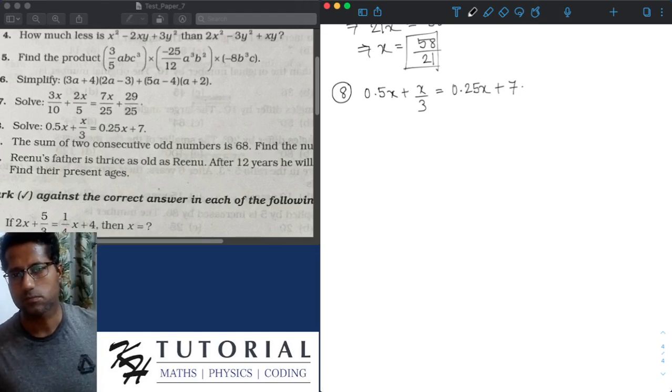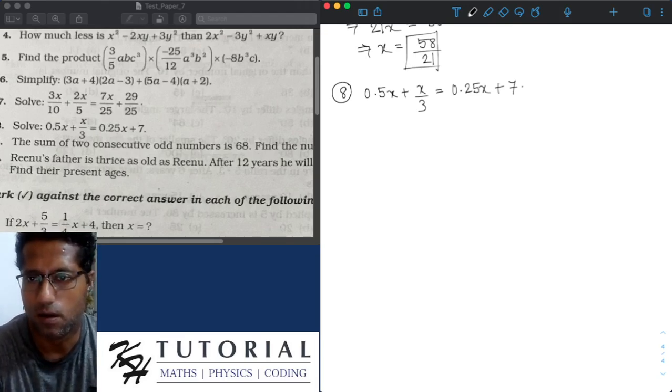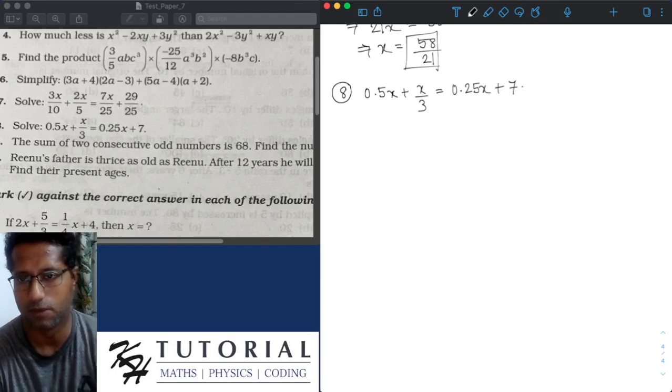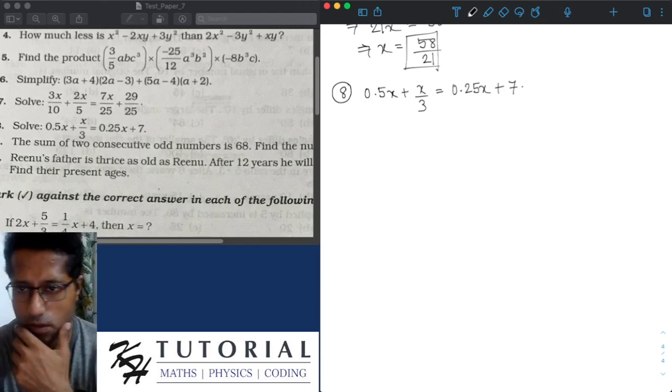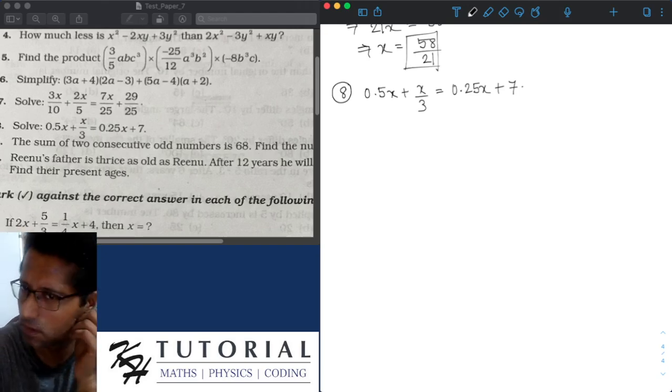Now you probably might be thinking that since the rational form x by 3 has denominator 3, you will multiply both sides by 3. You can do that, no problem, and then you will get rid of the rational form.